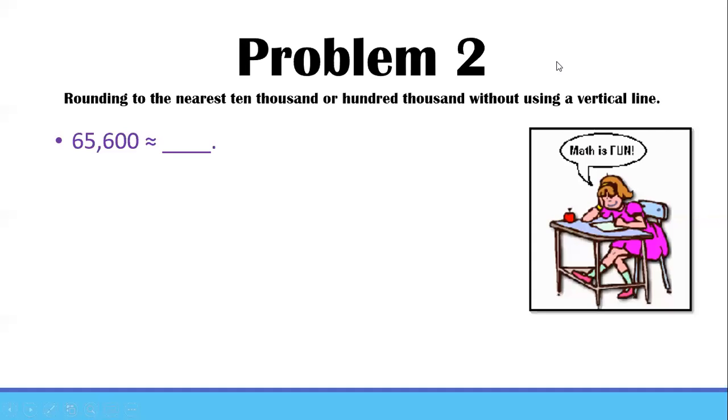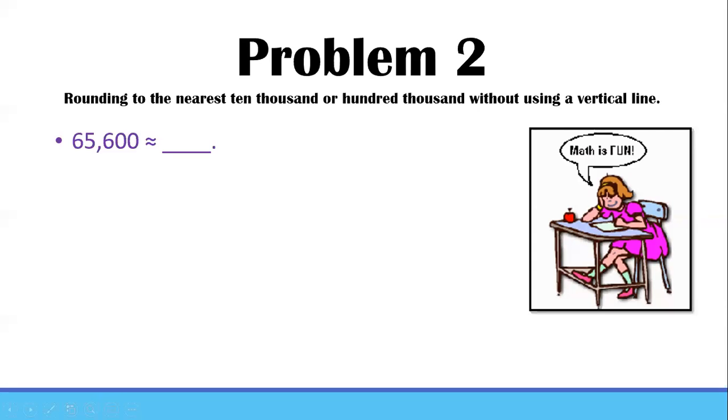All right, so let's do another problem. Even though it says problem 2 up there, we know that we've done this multiple times, that we're probably on problem number 6, but that's all right. So we're going to take 65,600, and it says round to the nearest 10,000 or 100,000 without using a vertical line.